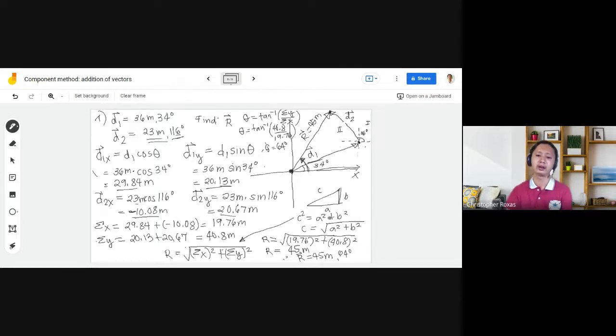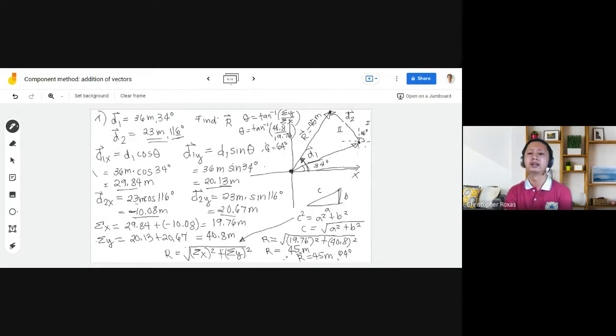Okay, so that's our complete answer. Okay, so that's it for the component method of finding the resultant of two or more vectors.